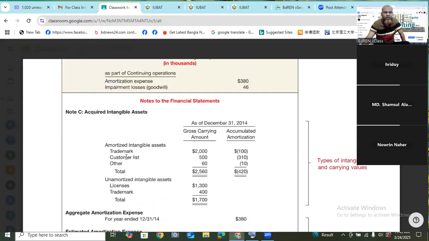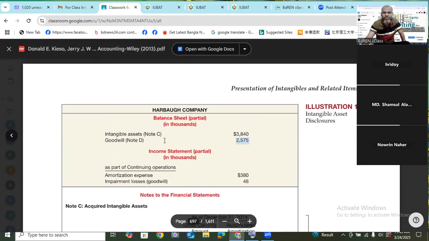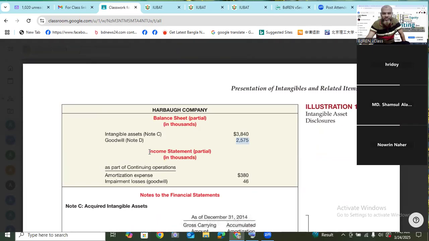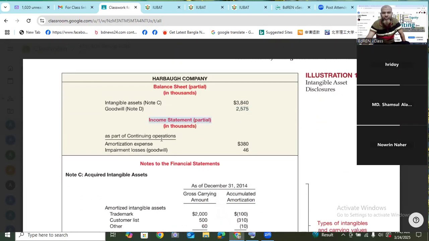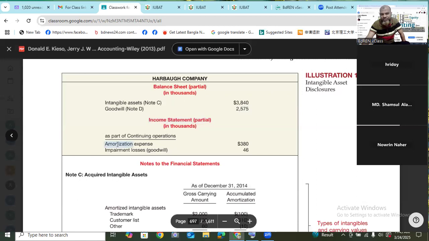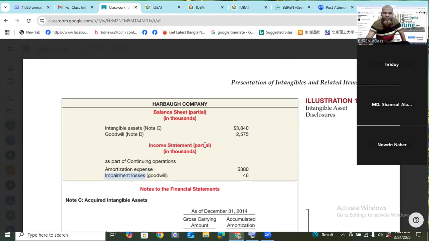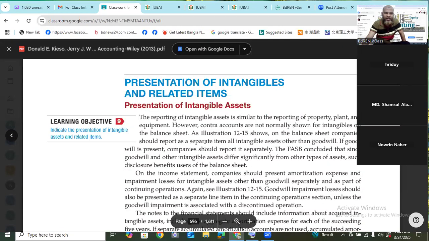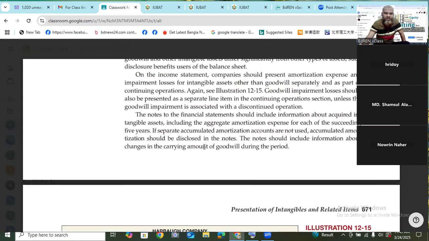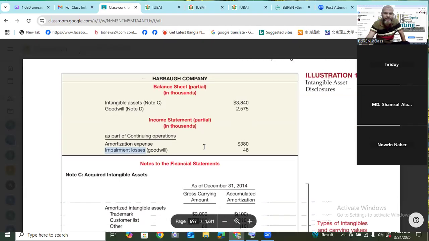This is the balance sheet partial and the income statement partial, and then you have to show the amortization expense for intangible assets and impairment losses for goodwill. This is the balance sheet presentation, and this is the income statement presentation as part of continuing operations. I hope you understand this presentation of intangible assets in financial statements.